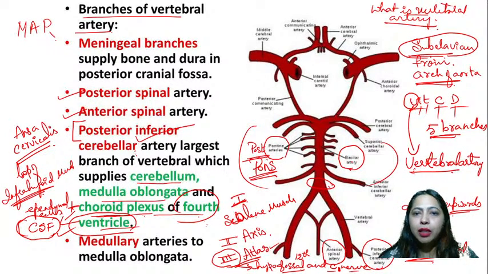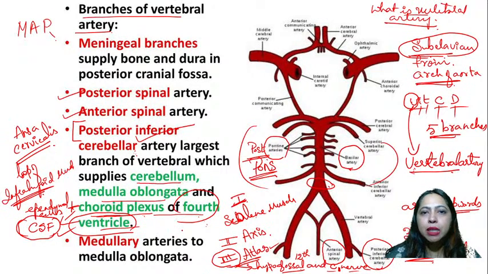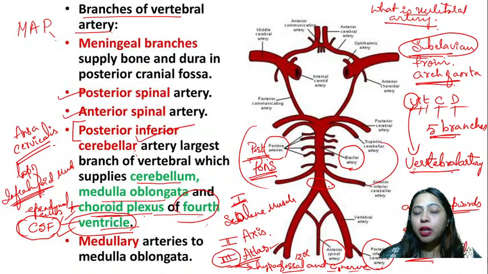How is basilar artery formed? It is not a branch, it is a continuation of the vertebral artery by right and left vertebral artery joining together. So nowhere you will see it as a branch. Okay. Many a times basilar artery is given as one of the branches as an option.